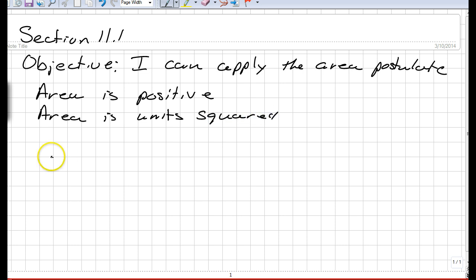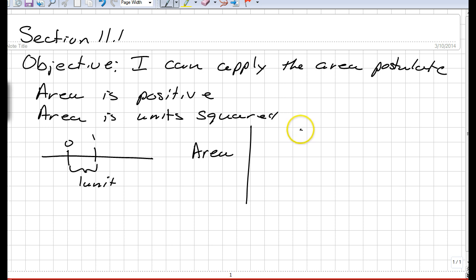Alright, so on a number line, if this is 0 and this is 1, this has a length of 1 unit. So that is one-dimensional, okay? So when we are talking about area, we are talking about something that is two-dimensional.